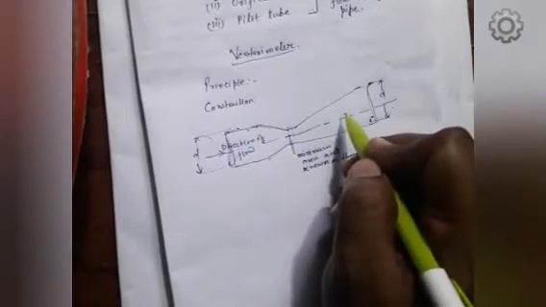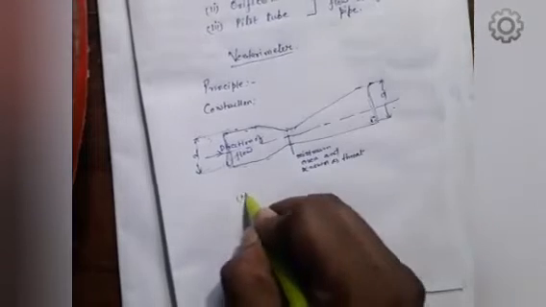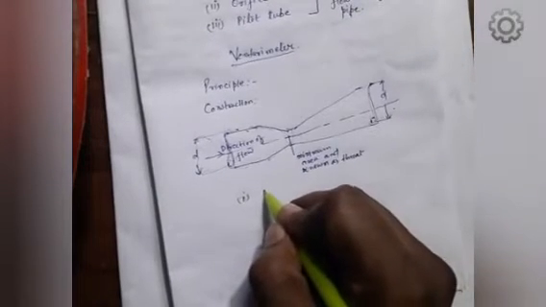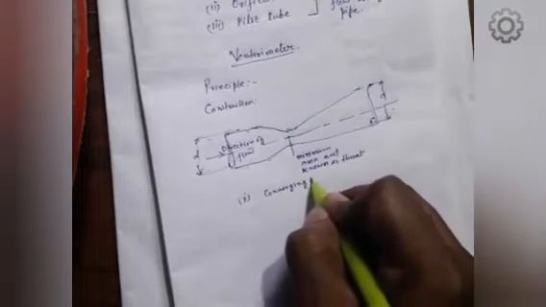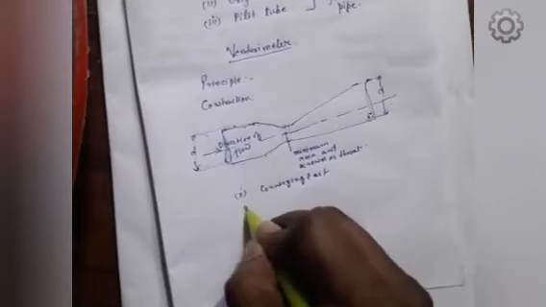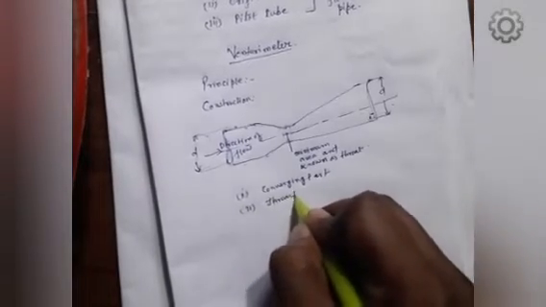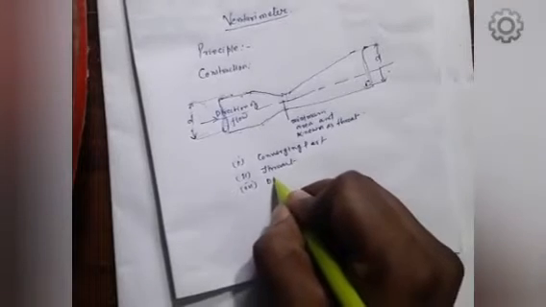So this is the construction of the venturimeter. In the venturimeter, you can say there are three major parts. First is the converging part, second is the throat, and third is the diverging part.